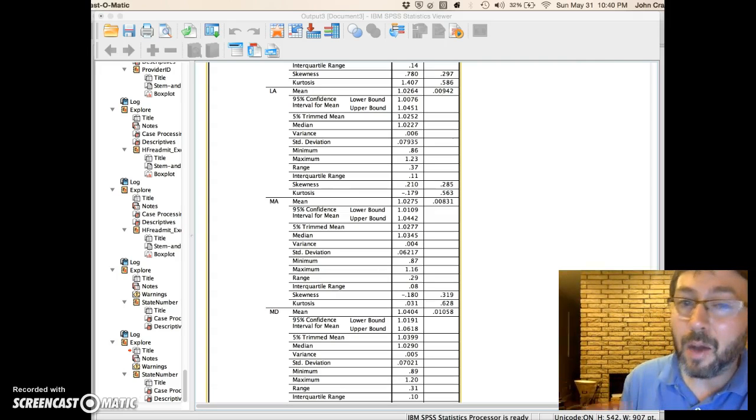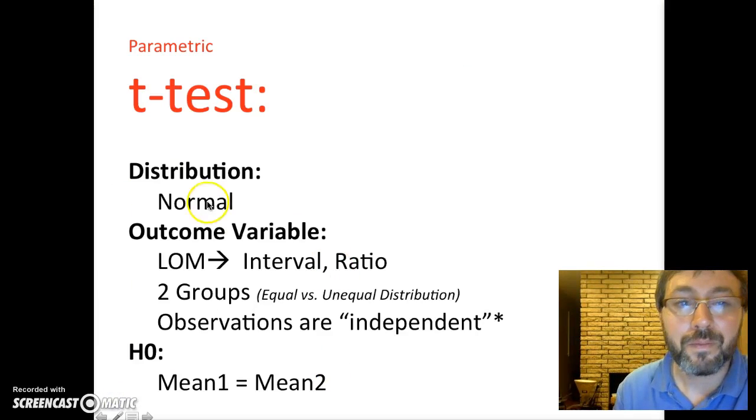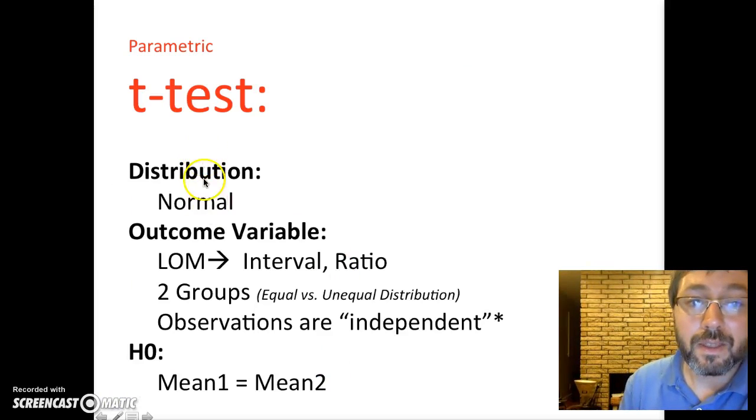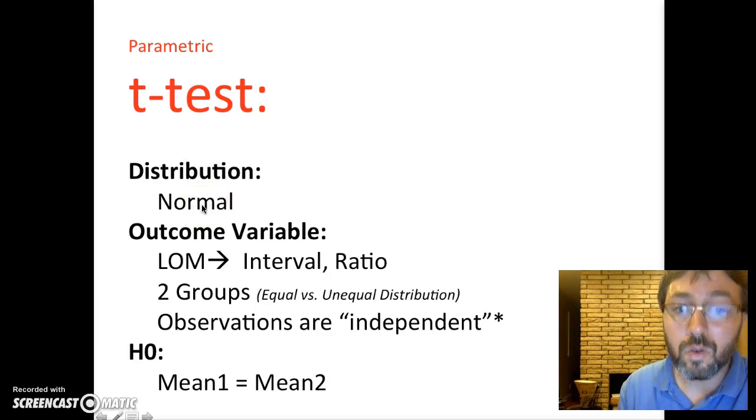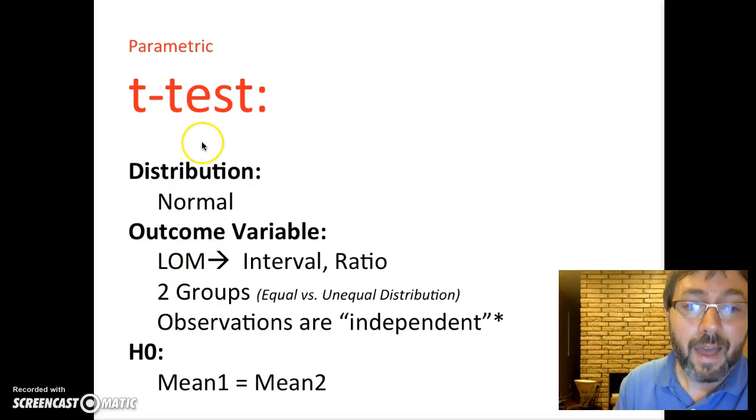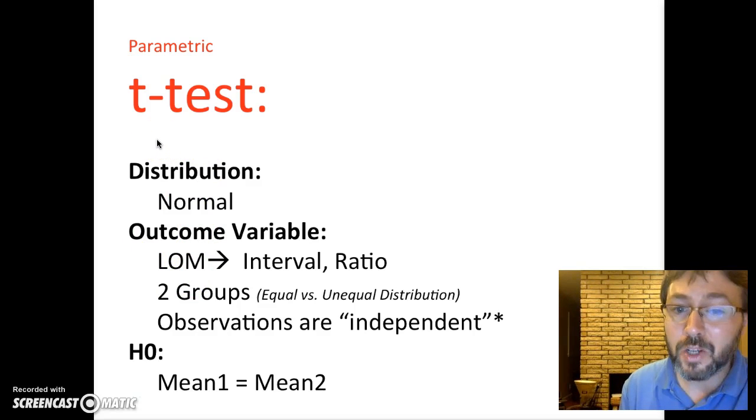So let's look at how we could compare the excess readmission ratio for heart failure for Louisiana and Illinois. A t-test assumes that the distribution of the data is normal, and we saw that for Illinois and Louisiana that was essentially true. The outcome variable has a level of measurement that's interval or ratio, and that's also true for our excess readmission ratio.